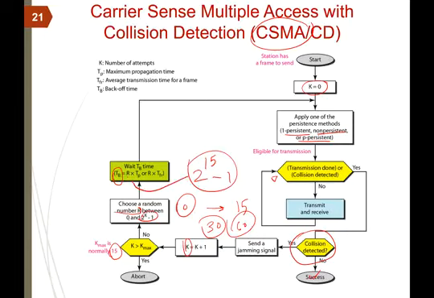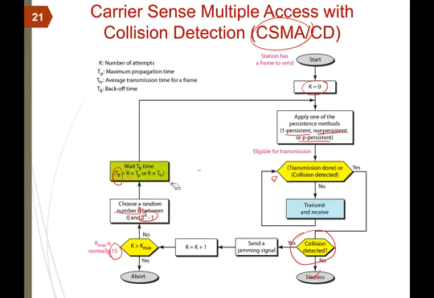So this is R, you multiply it by TP. So when there are more attempts, there is a probability that the wait time can be longer, because if the media is busy, then you may try after a longer period of time, and then you apply again, sense the channel, apply one of the persistence methods, and do the same again. This is the carrier sense collision detection algorithm.